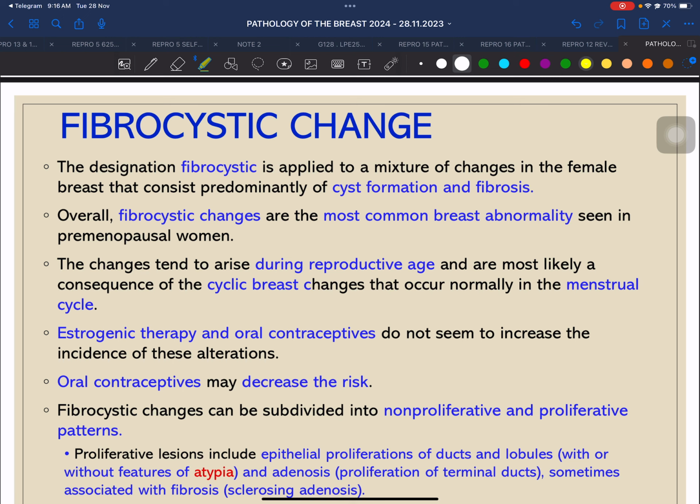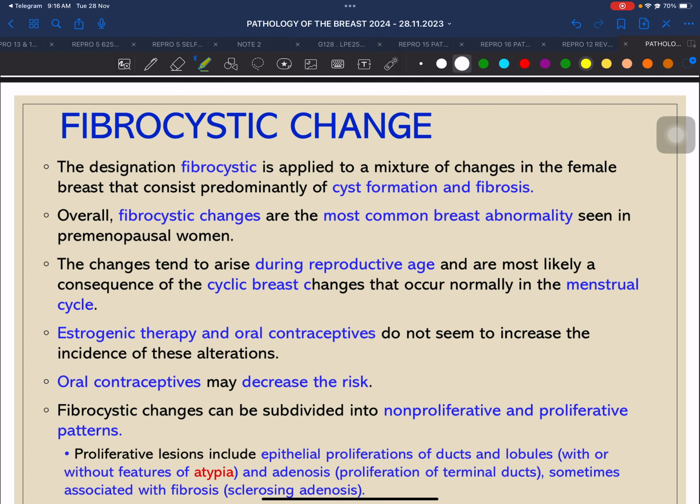So fibrocystic change is divided into two types, the non-proliferative and the proliferative type. The proliferative lesions are associated with some risk of malignancy, especially those with some atypical changes. So when you have atypical hyperplasia, there is a risk of developing cancer.